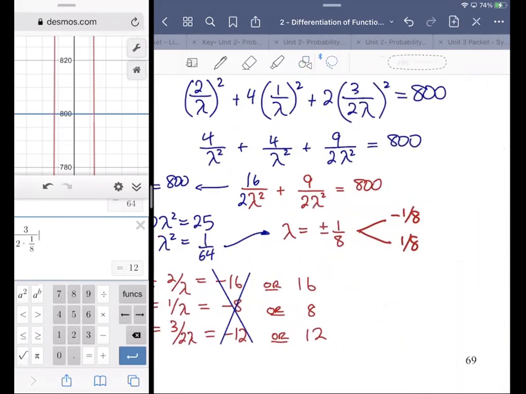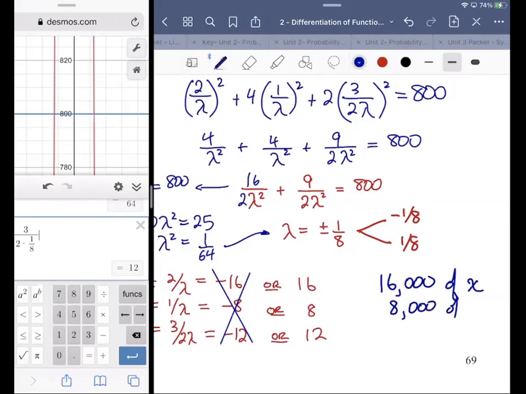There are ways to test, but that's a different conversation for a different moment. So we're going with 16,000 of X, 8,000 of Y, because they never really defined what these variables represent, and 12,000 of Z.